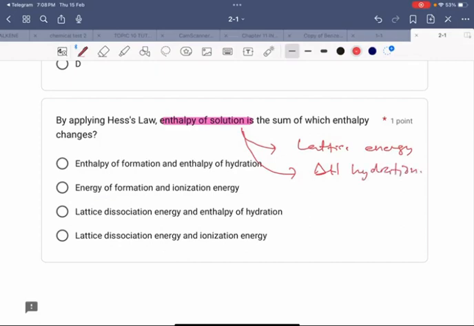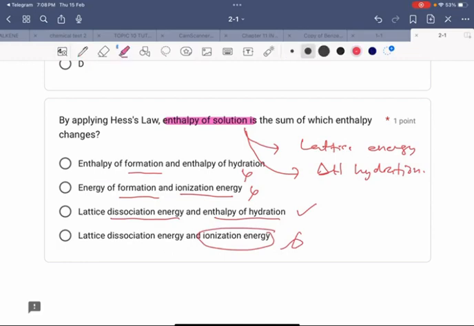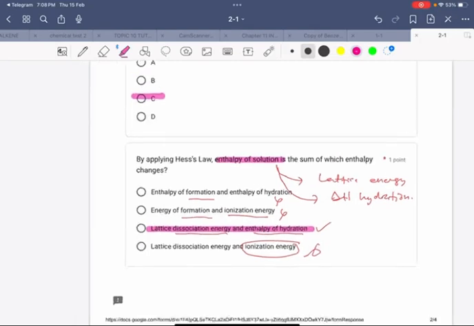So the answer is lattice dissociation energy and enthalpy of hydration. Option 1, enthalpy of formation, is incorrect. Enthalpy of formation is also incorrect. Ionization energy is also wrong. Lattice dissociation energy and enthalpy of hydration, this is correct. Lattice dissociation energy and ionization energy is incorrect. So the correct answer is option 3.